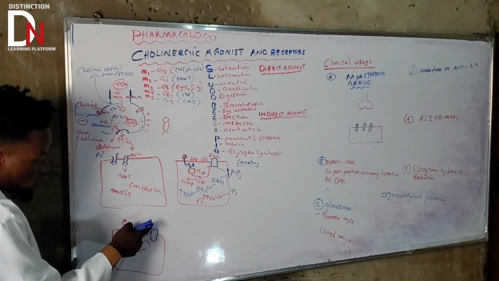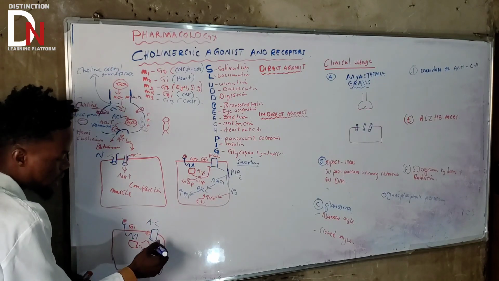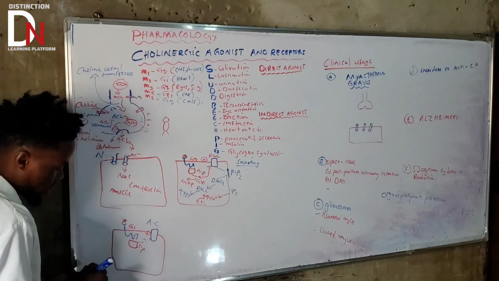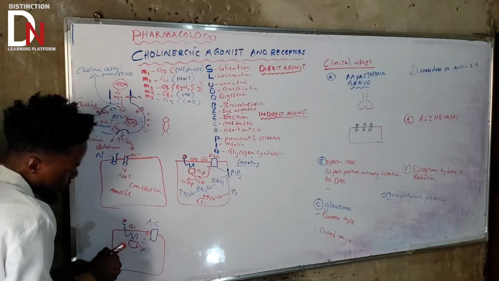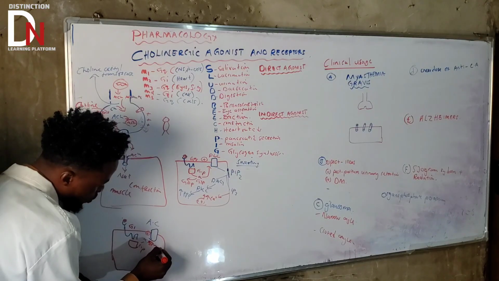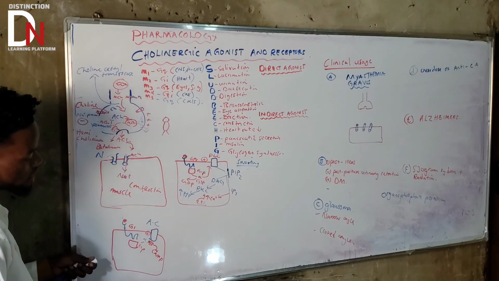It's going to activate adenylate cyclase, and adenylate cyclase, what does it do? It's going to get ATP and convert it into cAMP, cyclic AMP.